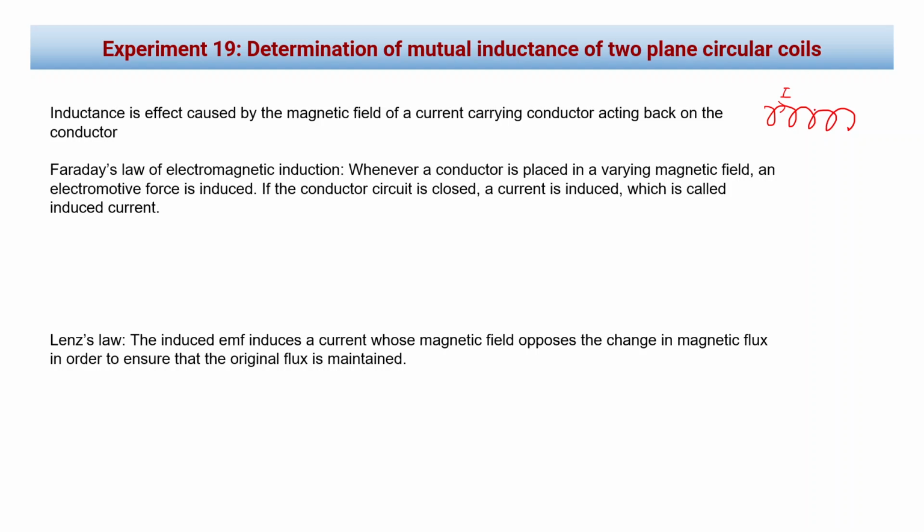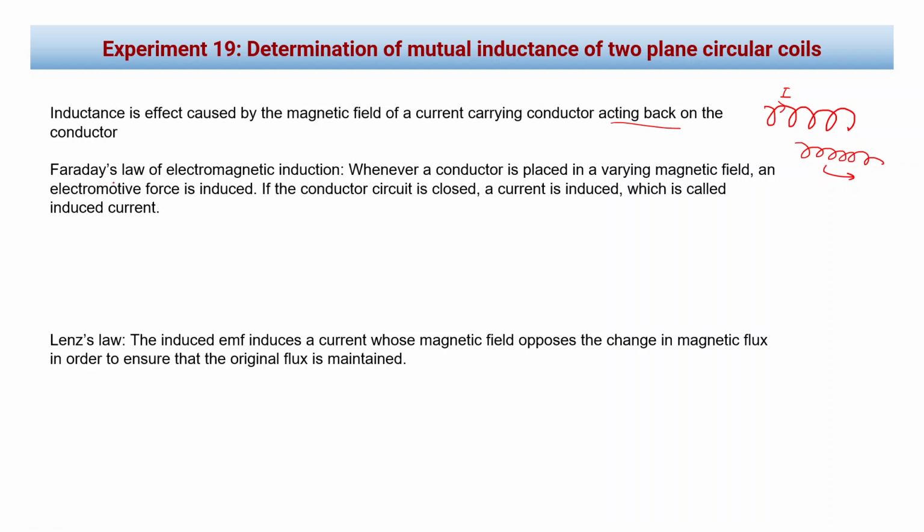Because of the magnetic field there will be some action back on this conductor, and that is self-inductance. But if we have two such inductor coils, and the current flowing in one coil and the magnetic field resulting from it affects something in another coil, then it is called mutual inductance. We'll discuss those things.